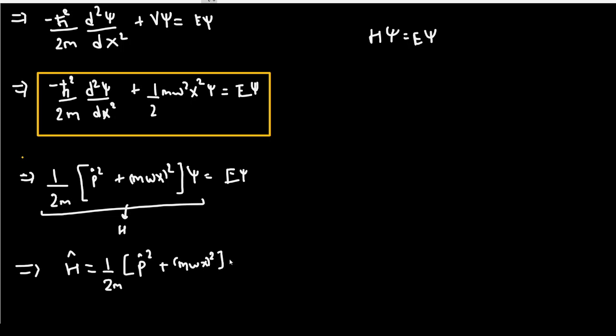Yeah, this is what our equation becomes: the Hamiltonian operator is equal to 1 over 2m p cap square plus m omega x whole square. Okay, so now we are going to apply the ladder operators, and be careful analyzing these things, because from here onwards our equations become somewhat complex, and you have to see very carefully.